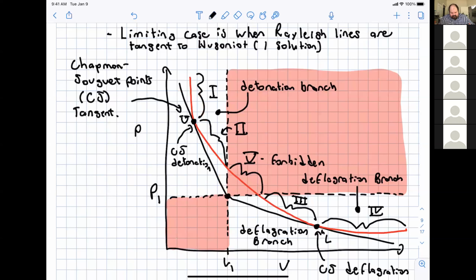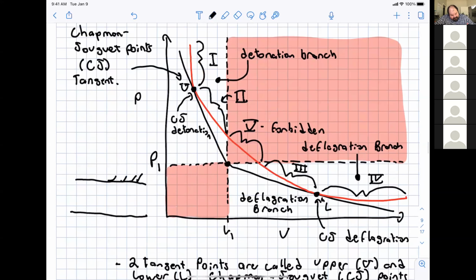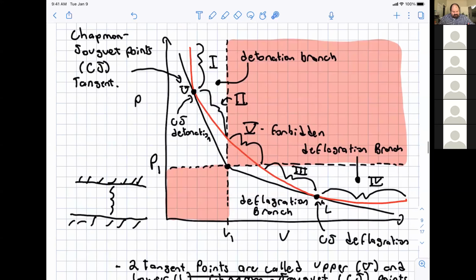And for those of you who've done Rayleigh flow in gas dynamics, that should be raising a huge red flag to you, because we have a constant area duct. It's well insulated. So essentially here, we have a combustion wave, but gas dynamically, it's just a compressible flow with heat added to it, which is what we are analyzing right here.